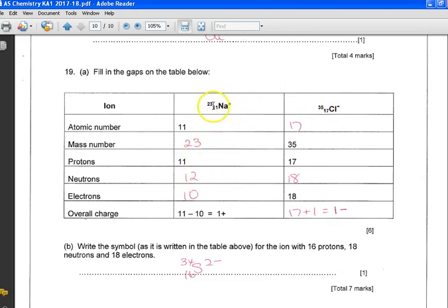The number of neutrons was obviously 23 minus 11. Here, 35 minus 17. But of course, this is a positive ion, so it will have 1 less electron. And this is a negative ion, so it's going to have 1 extra electron. And then the overall charge here will be +1, and the overall charge here will be -1.